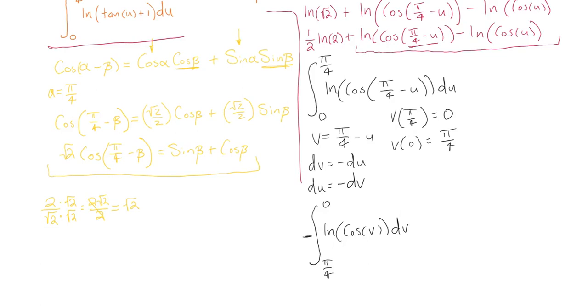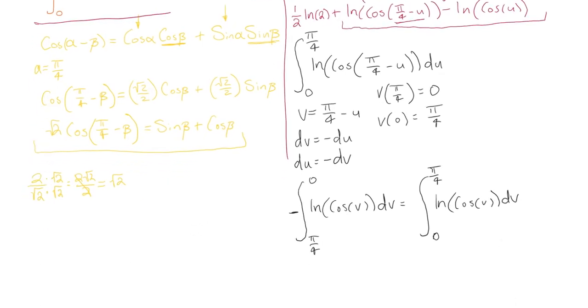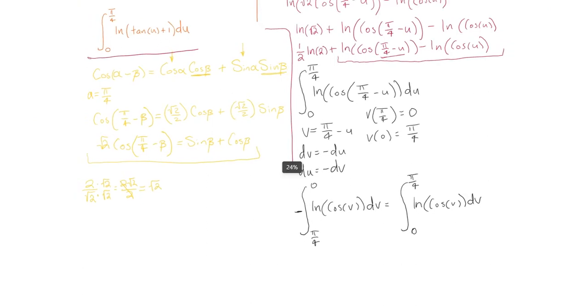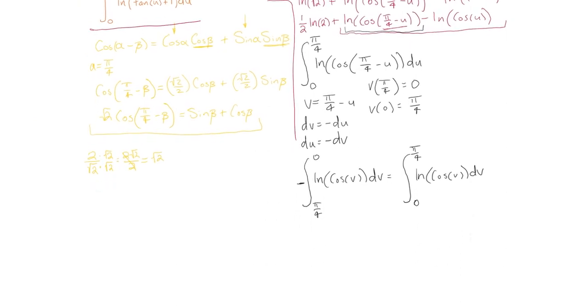Now if we get rid of this negative, we can flip our bounds, so this equals the integral from 0 to pi over 4 of the natural logarithm of cosine of v dv. Well, wonderful. Now that we've written this more complicated integral in terms of something easier, let's integrate this entire thing and see what happens.